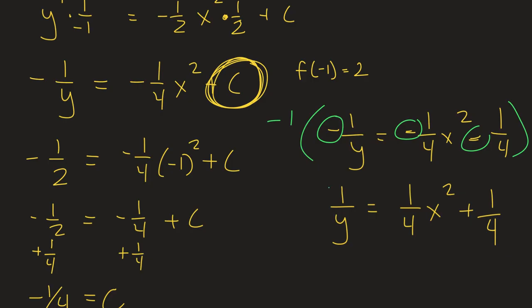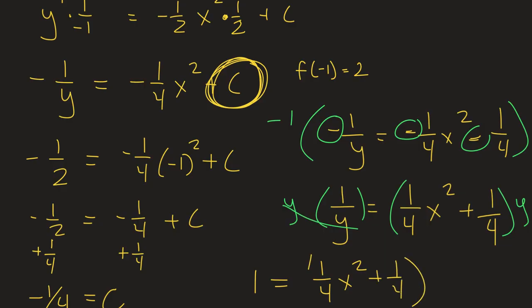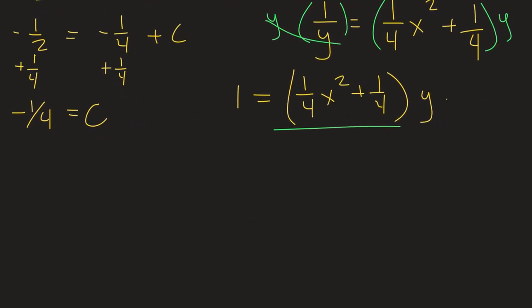Now I'm going to multiply both sides by y to get y out of that denominator. 1 equals 1/4 of x squared plus 1/4 times y. Now I'm going to divide by this whole entire thing. So I end up with 1 over 1/4 of x squared plus 1/4 equals y.